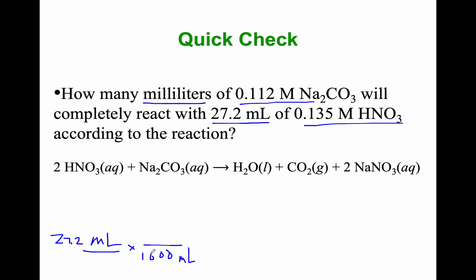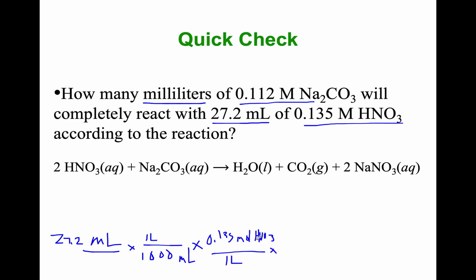Metric conversion, that should be 1,000 here. 1 liter, and this is of the nitric acid, so that's the liters, so then that's 0.135 moles of the nitric acid. And that's over 1 liter.